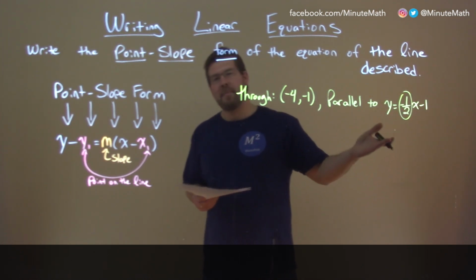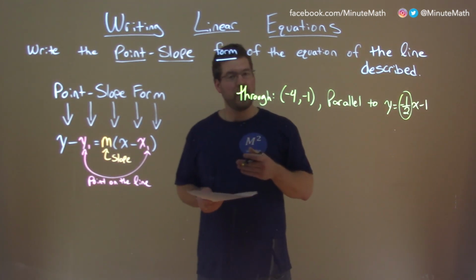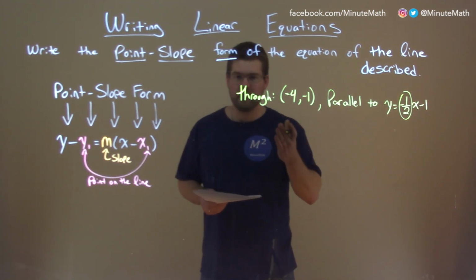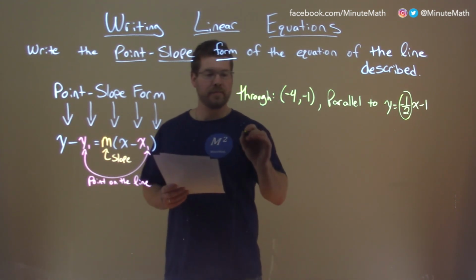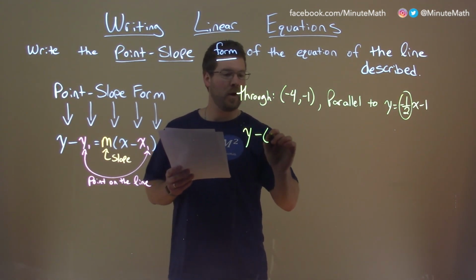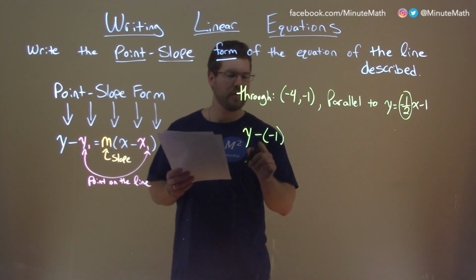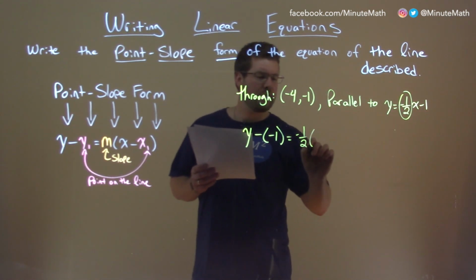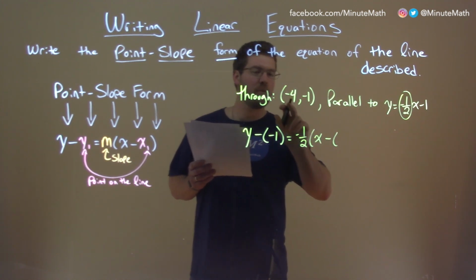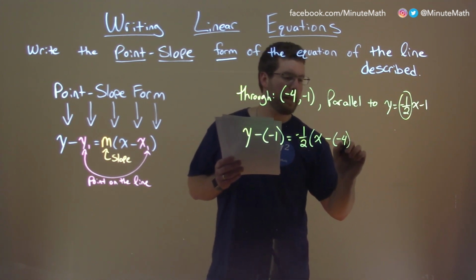That slope matches the slope of the line that we need to find. So now we have all of our information, point and slope. So let's use our formula. Y minus y1, which is a -1. The parentheses help here. Slope, -1/2 times x minus x1, -4.